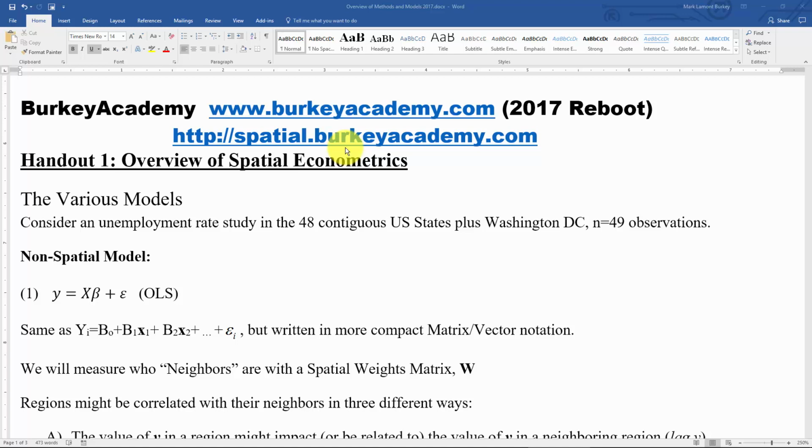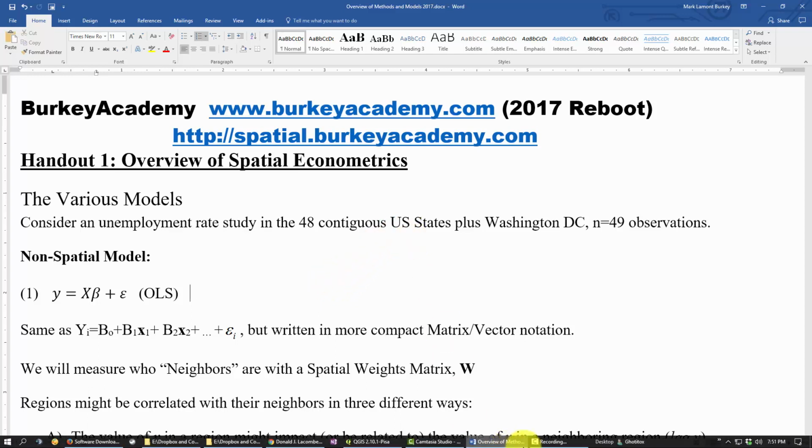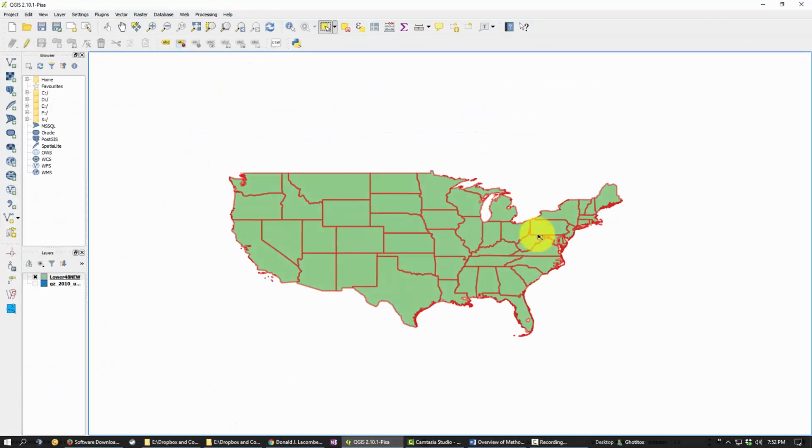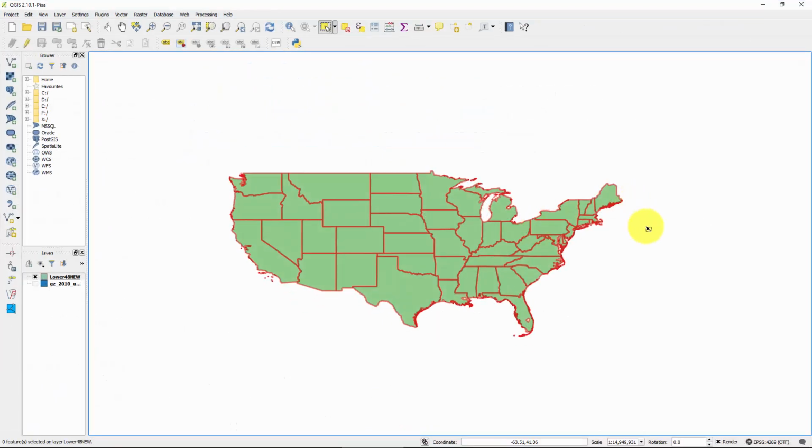So what we're going to do here is start with the idea of ordinary least squares regression. Let's just suppose we were doing a fictitious study looking at the causes and things that are correlated that can help us predict the unemployment rate in various states in the United States. Just to visualize this, let me bring up a map as always.